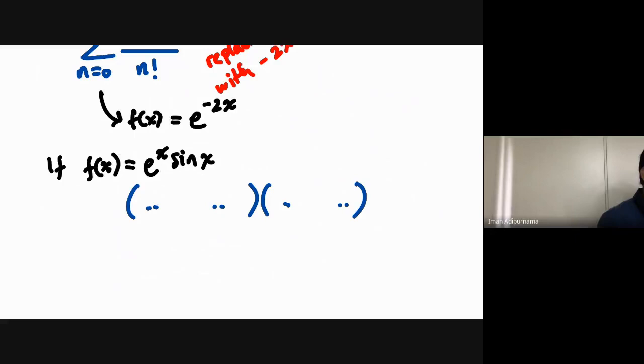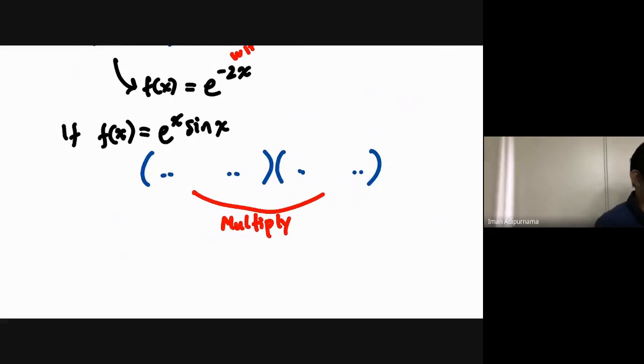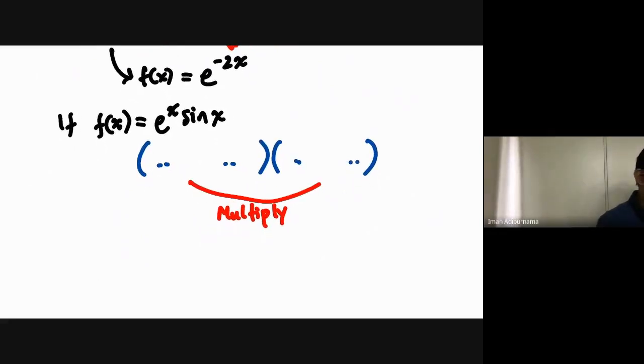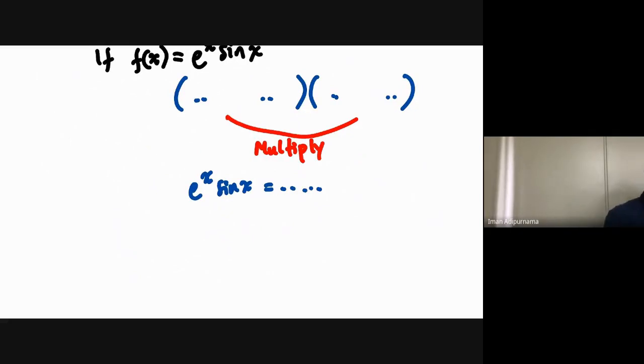You can multiply. And of course, since it's a polynomial, you need to be careful with multiplication because it's a long multiplication. And you will get the results after you multiply.